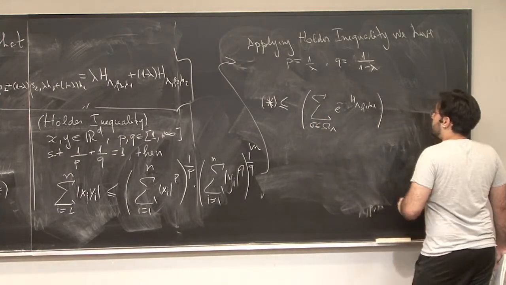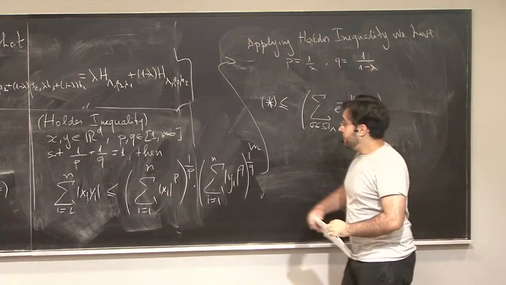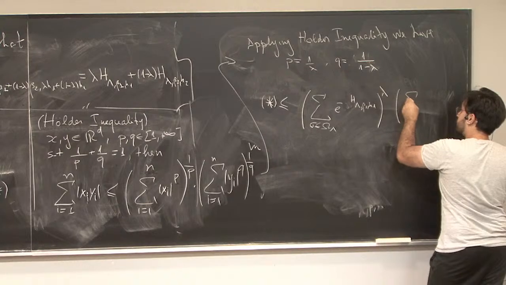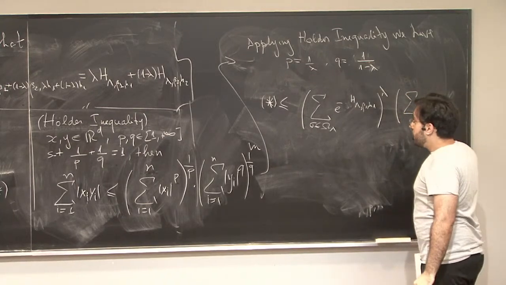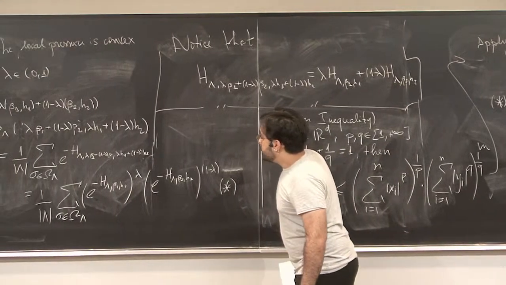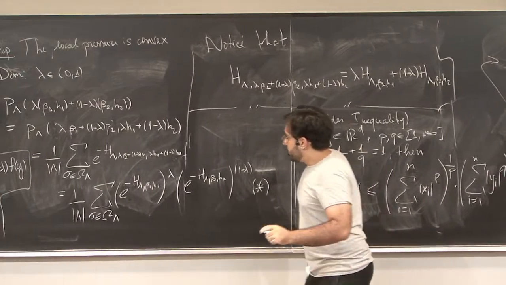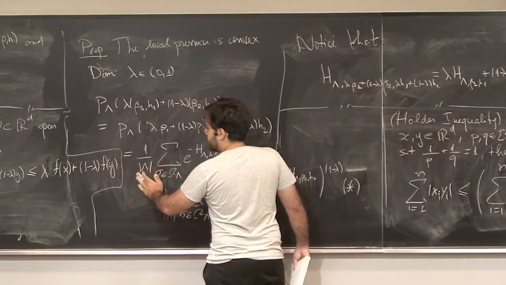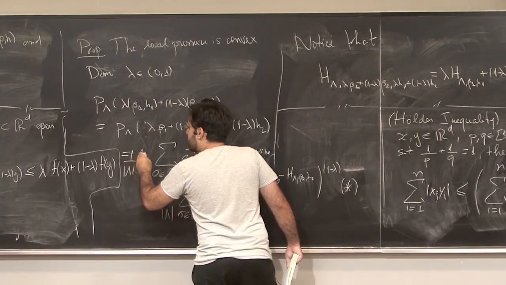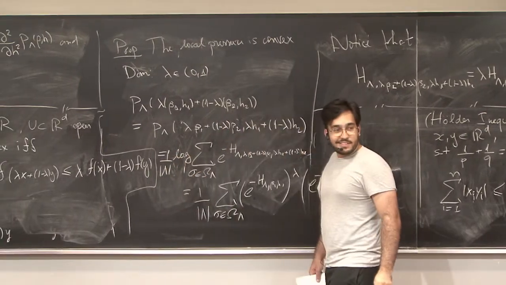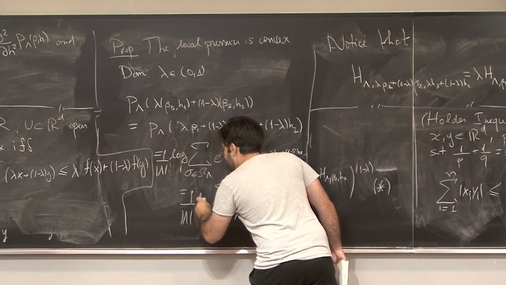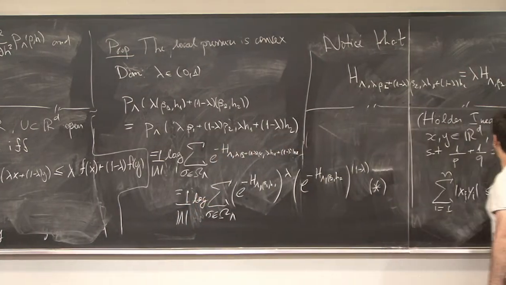This to the power of 1 over p, so to the power lambda. Okay, there is another mistake here because there needs to be 1 over lambda, the log, okay? 1 over lambda, the log here.